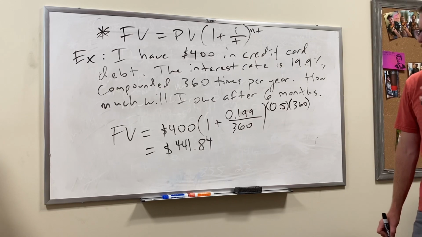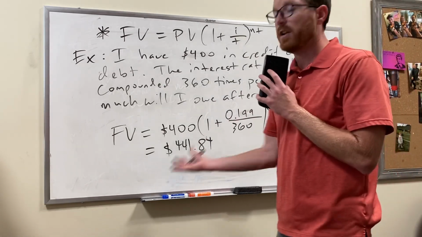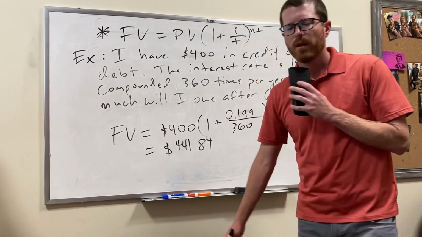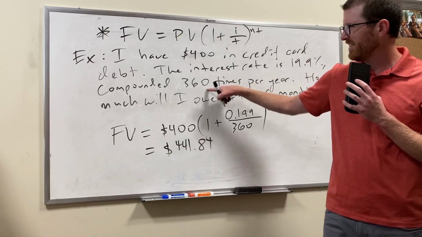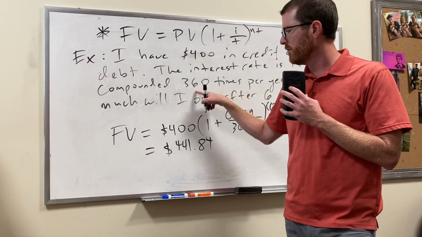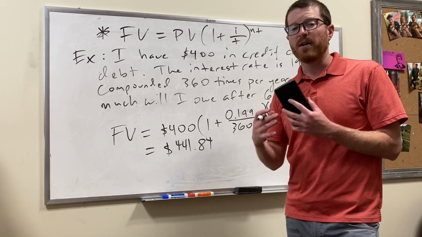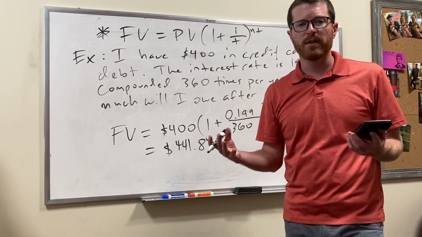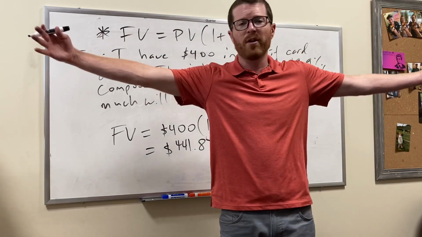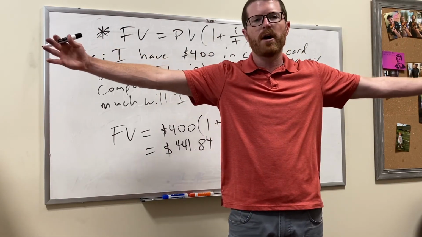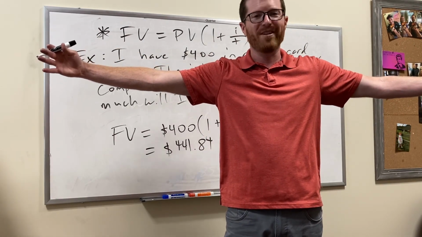And of course, if we compounded this just annually, you would get a smaller number. If we compounded it 365 times, like a lot of credit cards do, you get a little bit higher of a number there. The thing about interest, and I hope you understand this, the more periods you got, the more years we're talking about, the more interest becomes important, right?